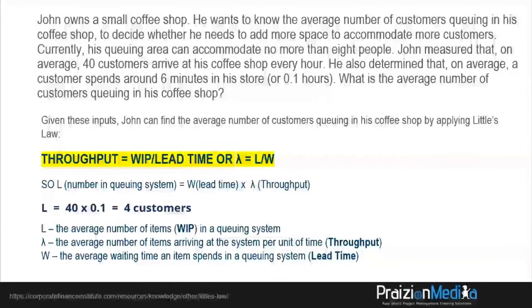If we apply the formula, the average number of items, WIP, in the queuing system is equal to 40, which is your throughput, times your lead time of 0.1. And that gives us 4 customers.